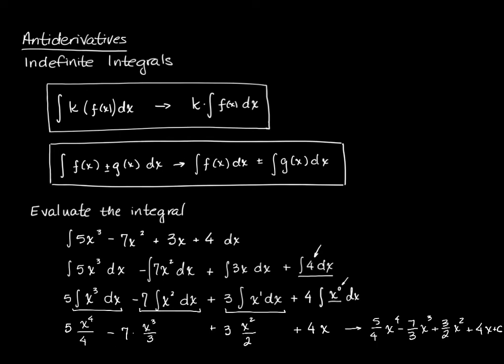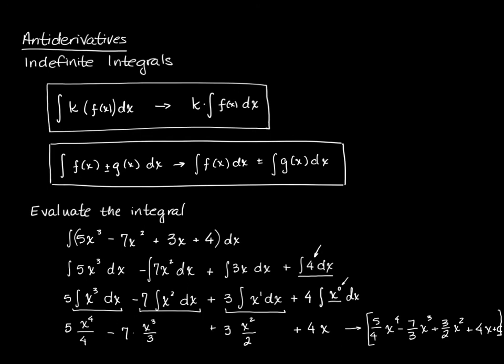It's worth noting that the integral of a function is another function. That shouldn't come as too much of a surprise because the derivative of a function is also a function.